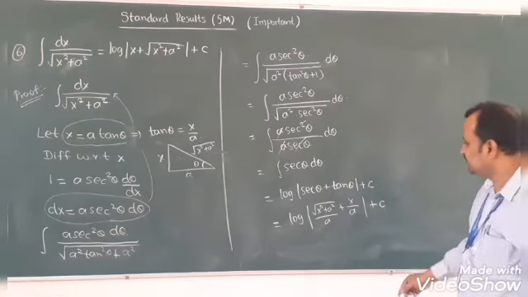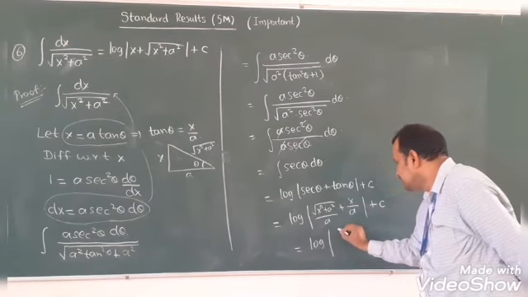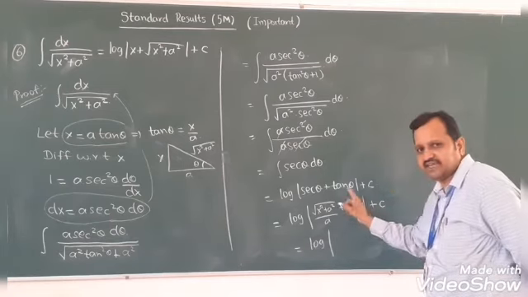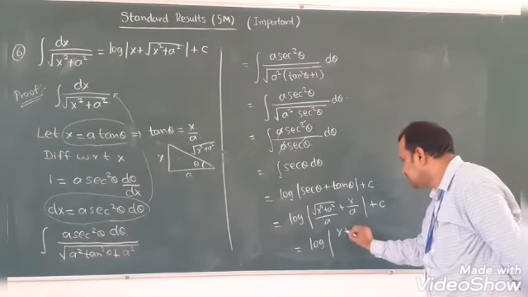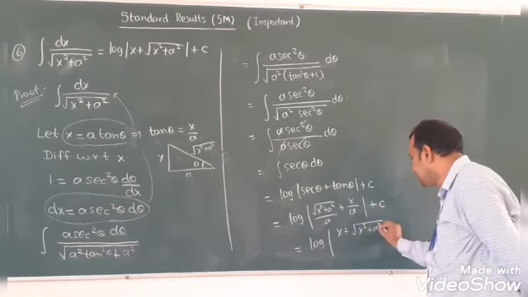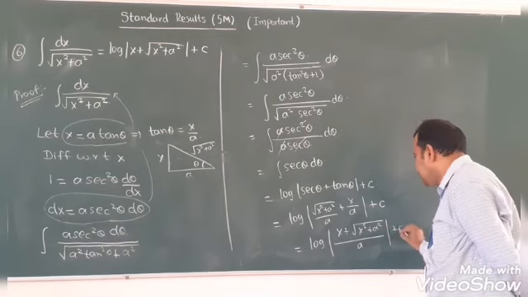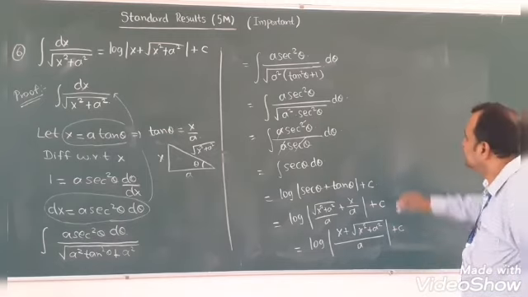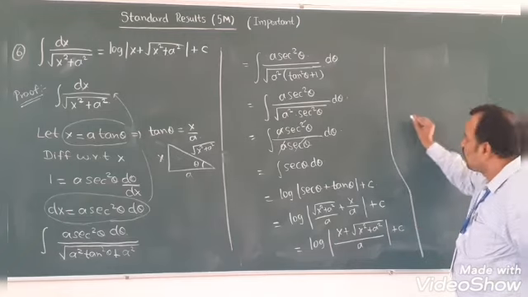Now you can see here the denominator is the same. So take LCM. When you take LCM, you will get log of x plus root over x square plus a square divided by a, plus c. Log a by b we can write as log a minus log b.